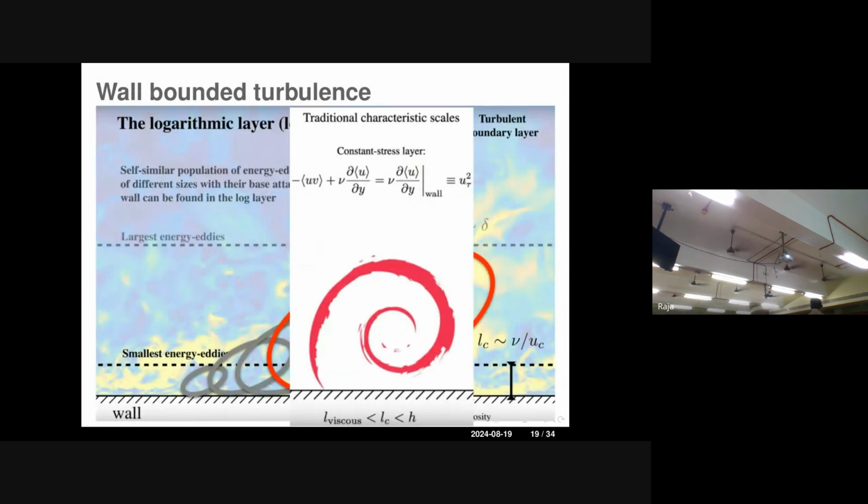Yes, yes, the constant stress. If you come and visit Europe, there are complex challenges like boundary layer theory, turbulent boundaries.